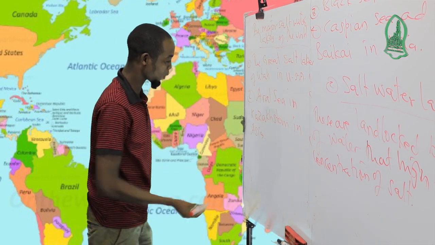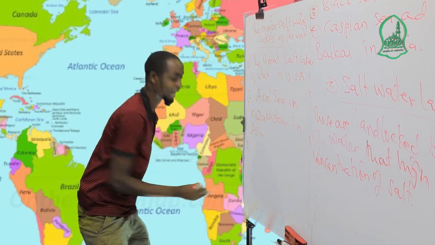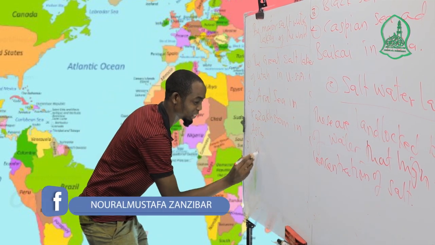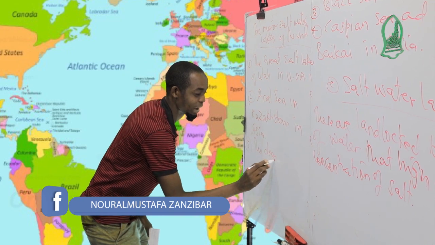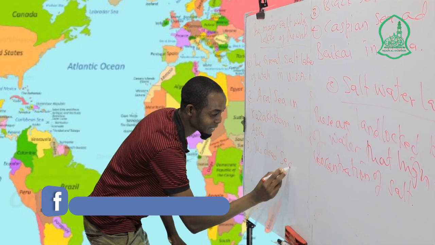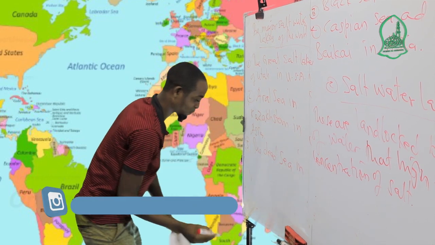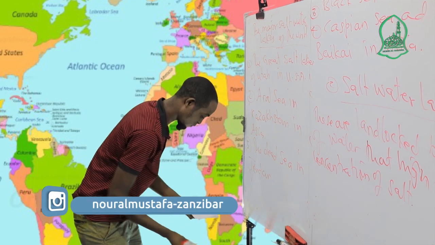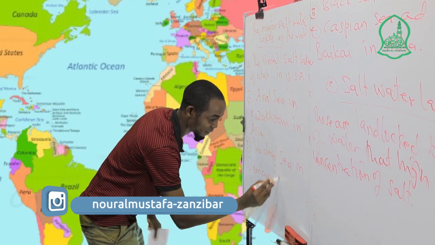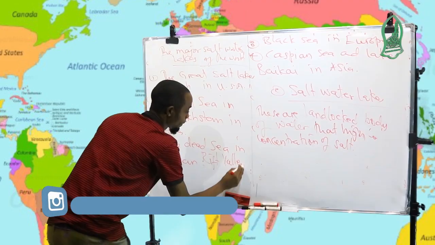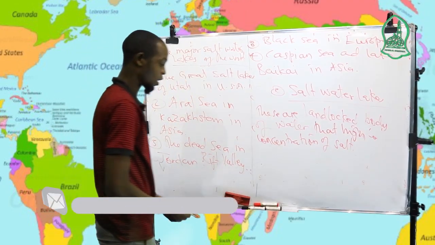Also, we have number 3, known as the Dead Sea. This is found in the Jordan Rift Valley.